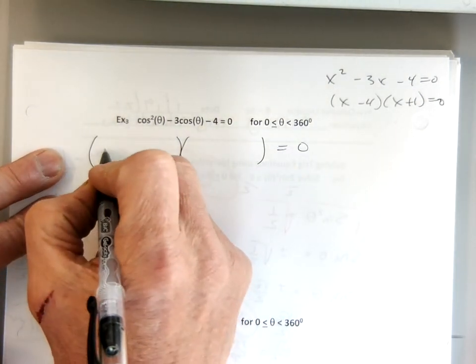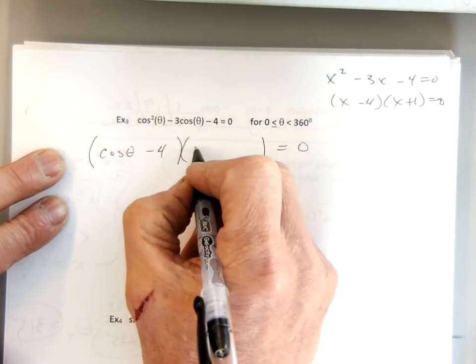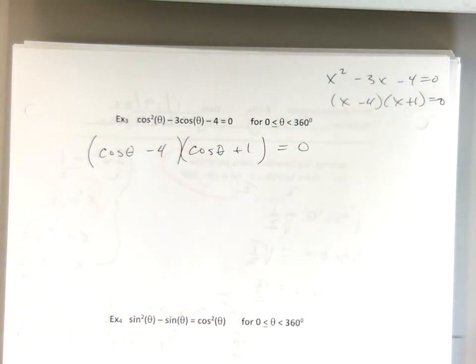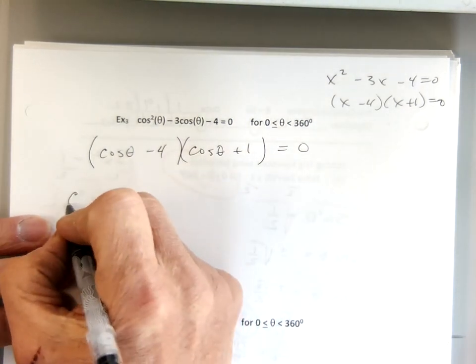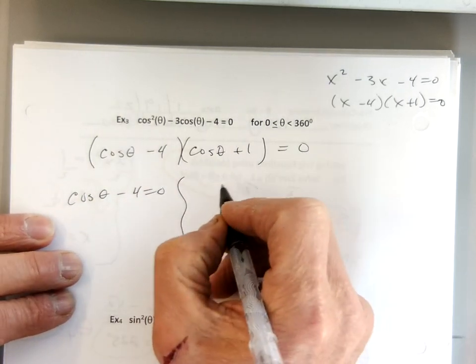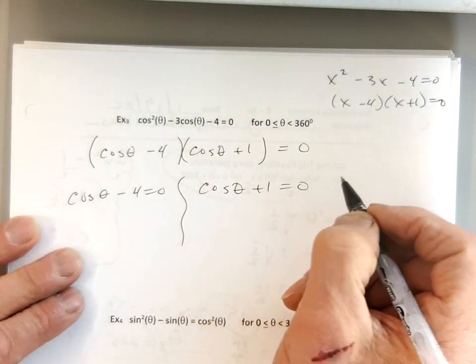Let's go (cosine of theta minus 4)(cosine of theta plus 1) equals 0, right? I've got my mini equations. I've got cosine of theta minus 4 equals 0 and cosine of theta plus 1 equals 0, right?